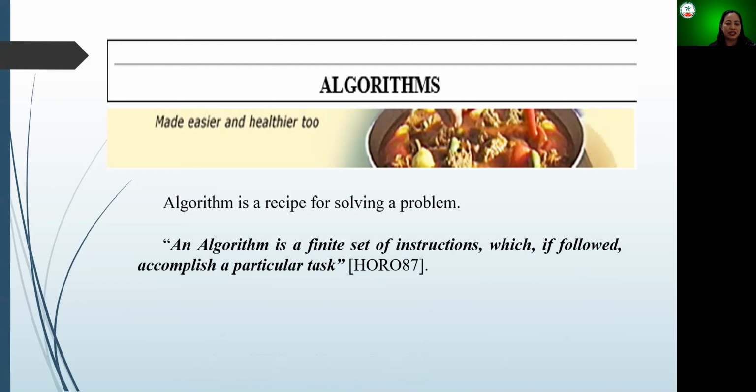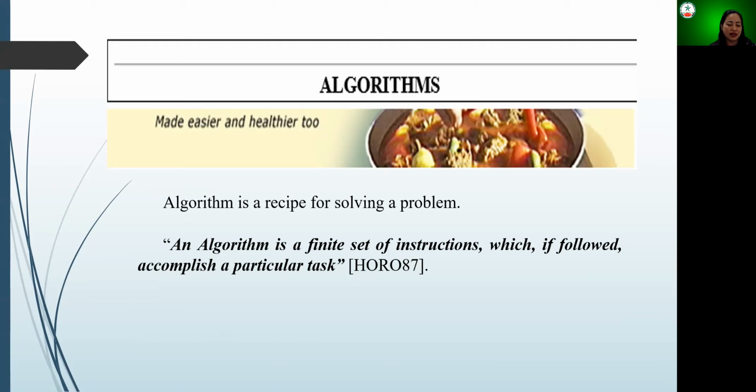Okay? Pati yung gano'ng kalakas yung oven or gano'ng kalakas yung heat temperature ng kalan or di kaya ng frying pan or whatever, di ba? Lahat yun naka-specify kung yung mga measurements niya. Right? And then, it follows specific set of steps.